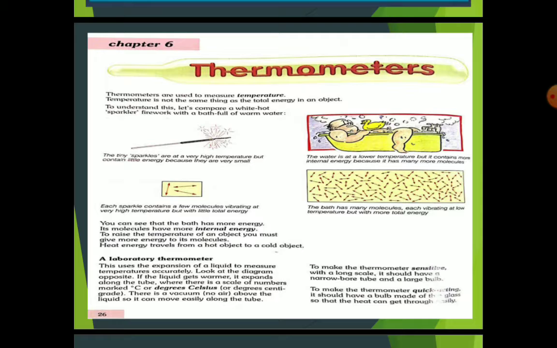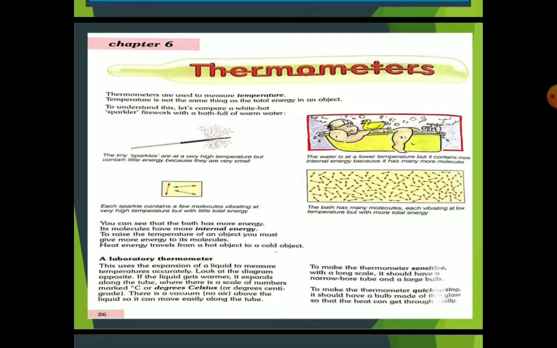If you write here thermometer in Google, okay, enter. For the doctors, this is for temperature. Write thermometer in Google and you'll see the image.